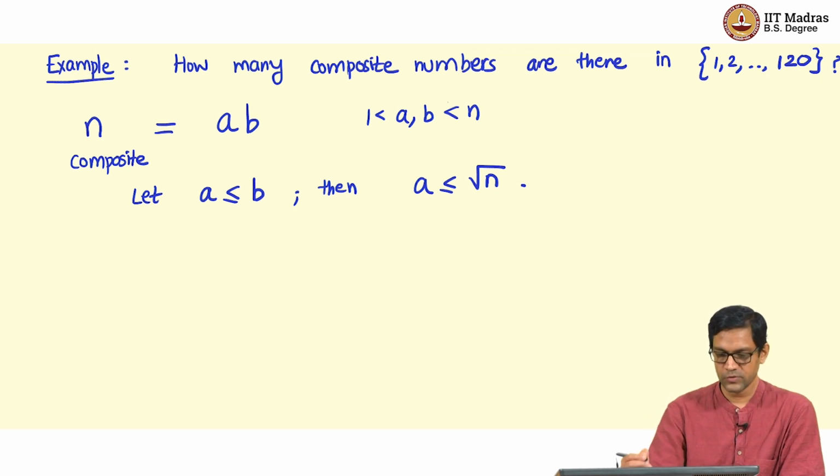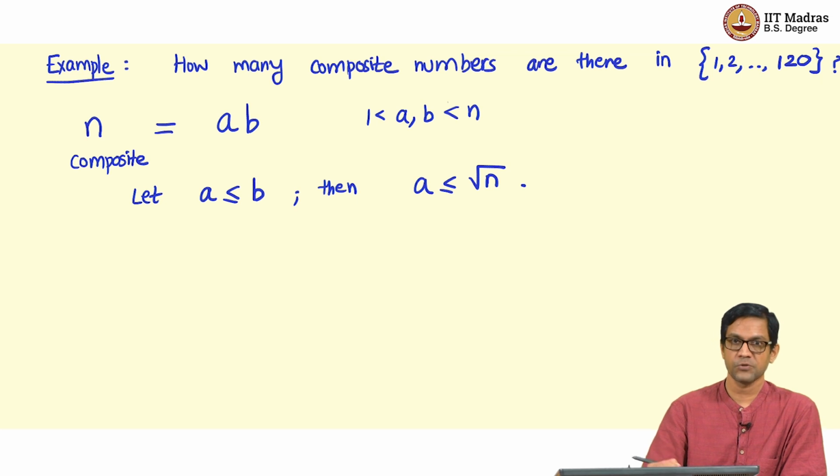And how did we argue this? We said if this failed, that means a is bigger than square root of n, but b is bigger than a, so b is also bigger than square root of n, and their product a times b therefore would be more than square root of n times square root of n, which is n. So that is where you get the contradiction from.